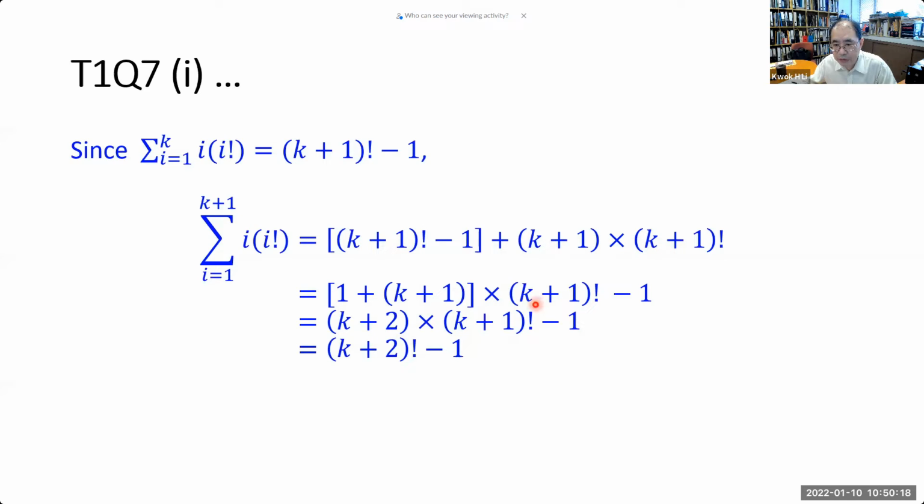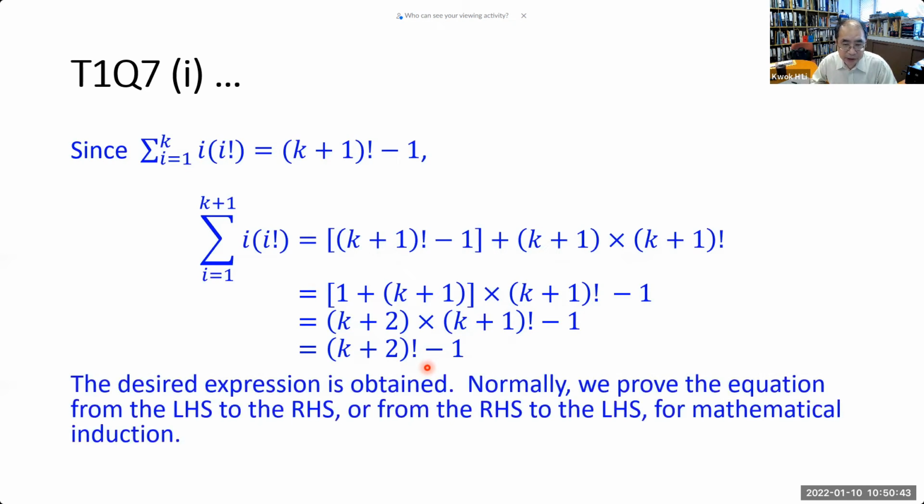You have 1 from here, you have k plus 1 from here. You group them together, it must be k plus 2. So from the previous one, you know that this is k plus 2 factorial minus 1. So this is exactly the one we want to prove on the last page. So we conclude that this is correct.